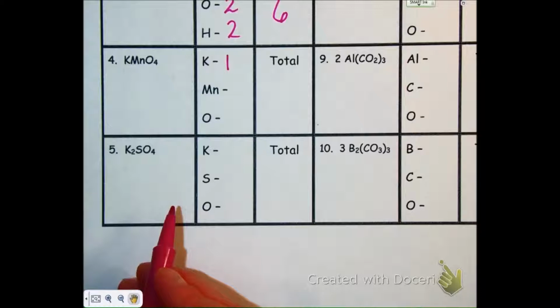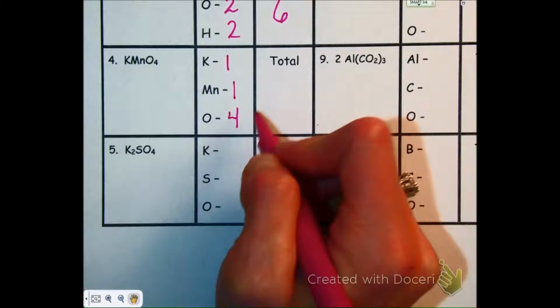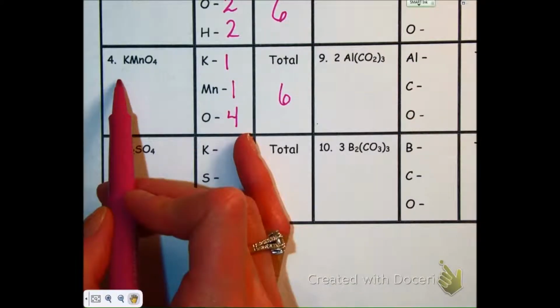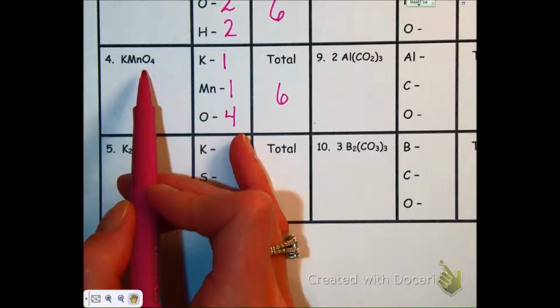Now, Mark, can you tell me why the 4 did not apply to the manganese or the potassium? Because it's not in parentheses. It's not in parentheses, therefore the subscript only applies to the element directly preceding it. Good.